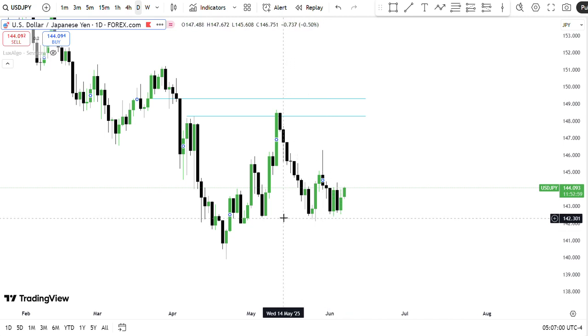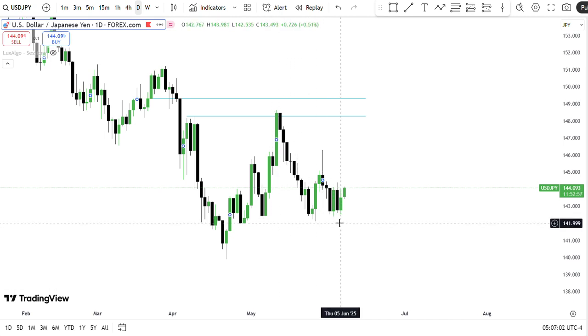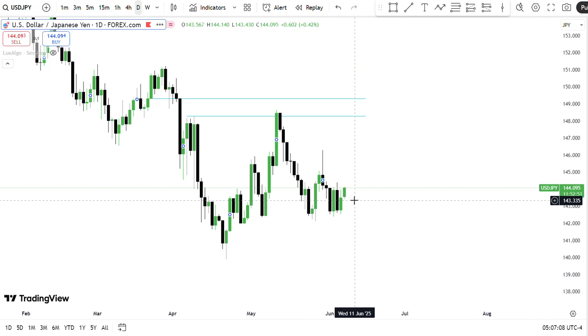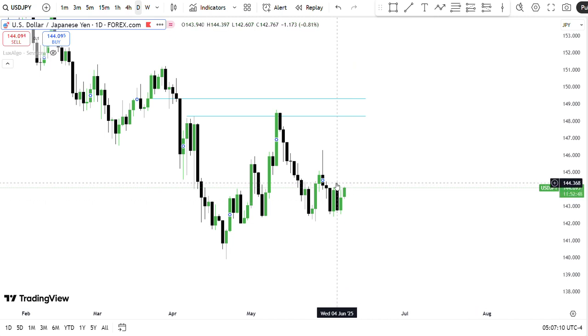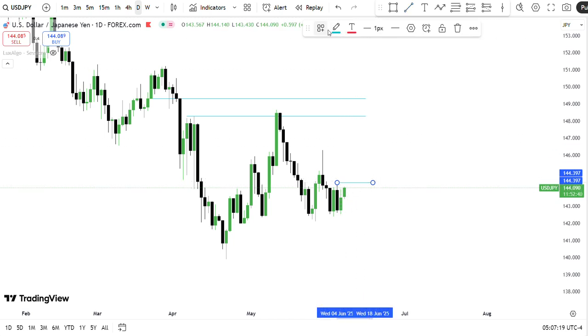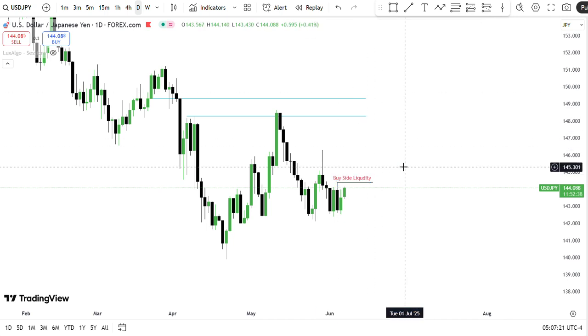The market is taking every liquidity in this area and forming consolidation. The aim of the market is to take this low. The market is consolidating inside this candle, so I am expecting the market to take this low and fall down. This is my target. So my bias is bearish, guys.